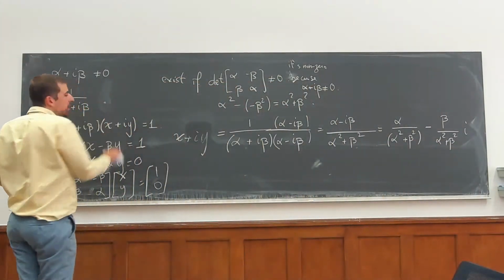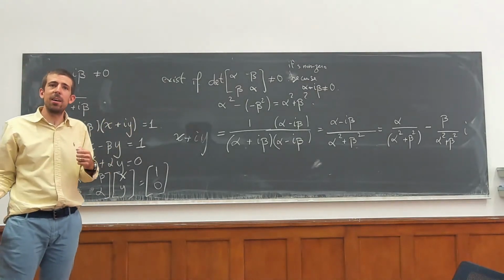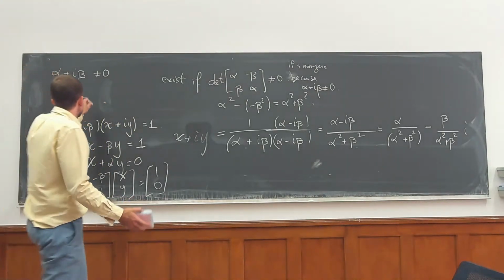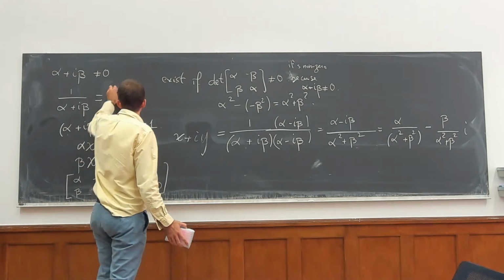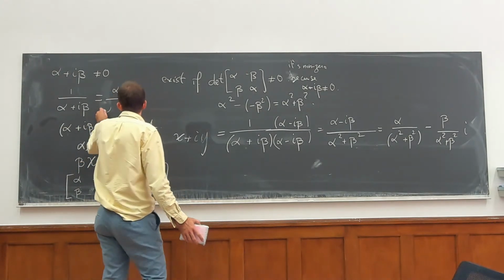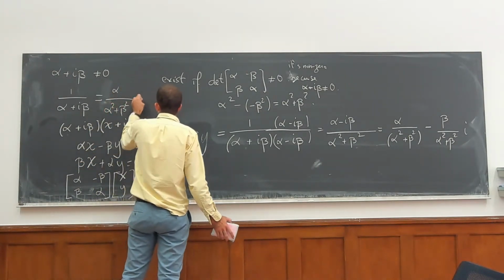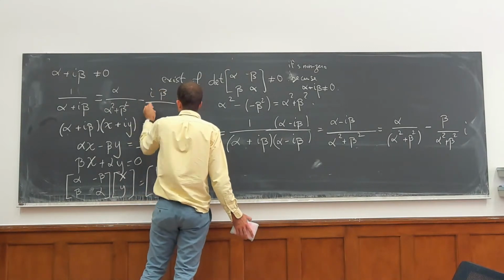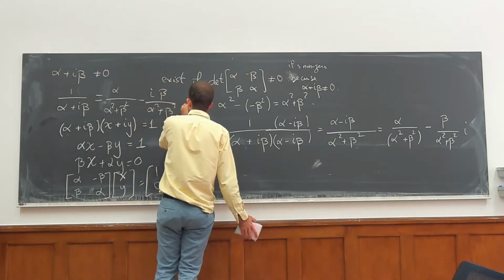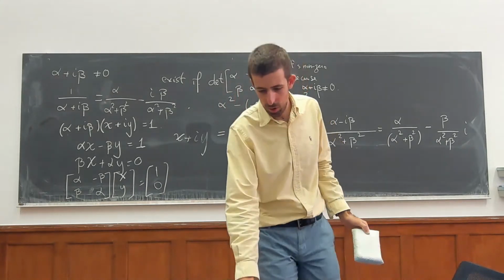And now, of course, if I want to take a number divided by another, I can just multiply by the inverse. Okay, so this is alpha. Okay, so we know how to divide. That's good.